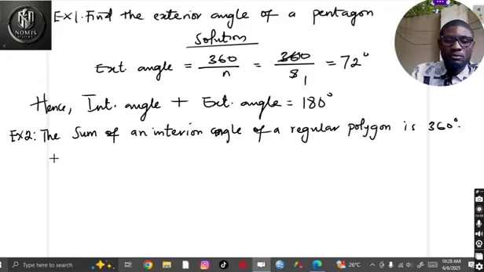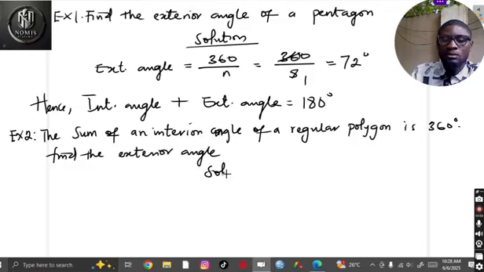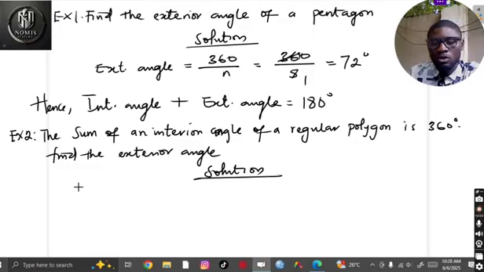The question is, find the exterior angle. For me to find the exterior angle, I need the number of sides, and the number of sides is not indicated here. So from the formula of the sum of interior angles, I can find n, the number of sides.